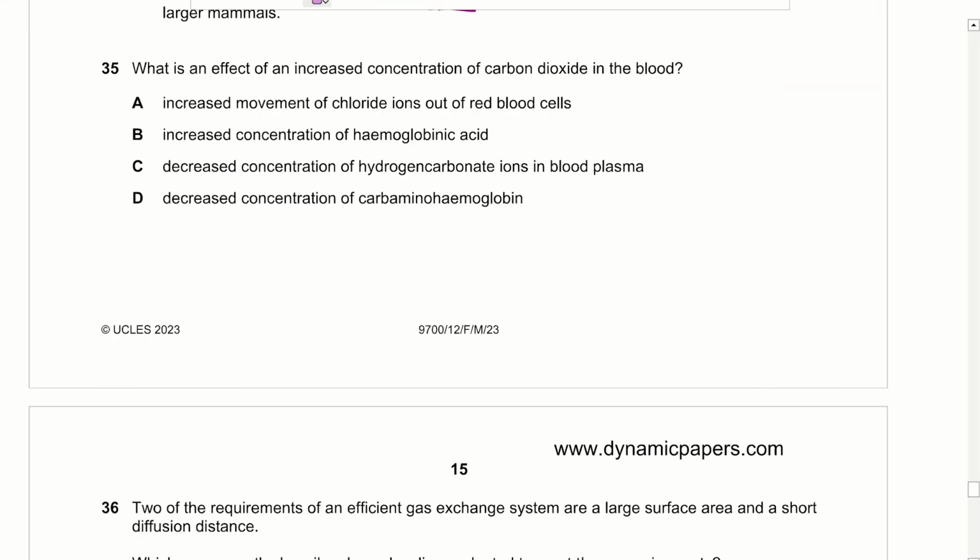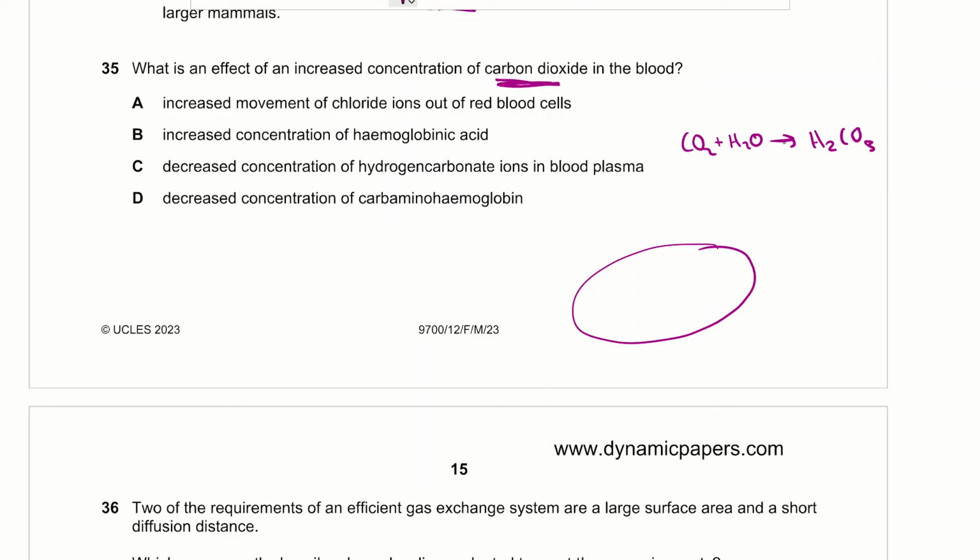Number 35. What is an effect of an increased concentration of carbon dioxide in the blood? So, when carbon dioxide increases in the blood, there is an enzyme inside the red blood cell called carbonic anhydrase. The function of this enzyme is to convert carbon dioxide and water into carbonic acid, and vice versa.